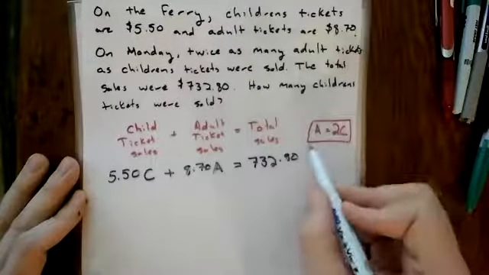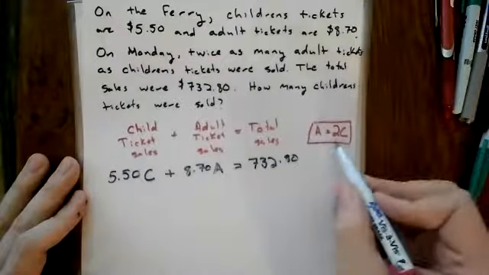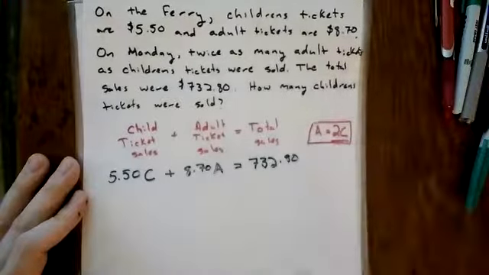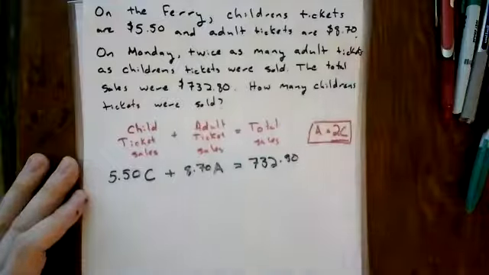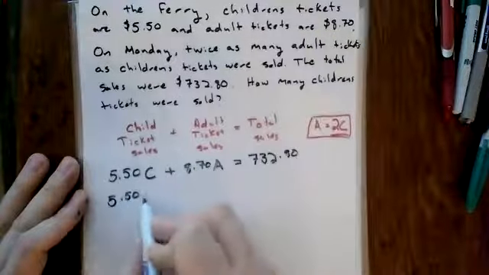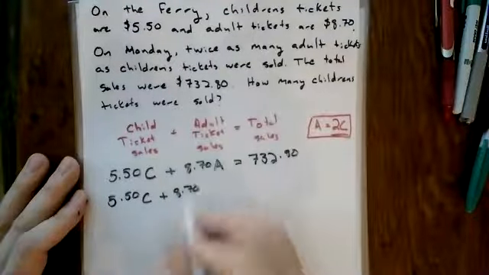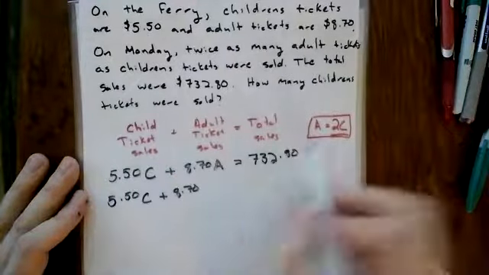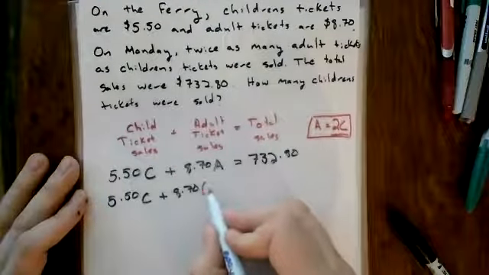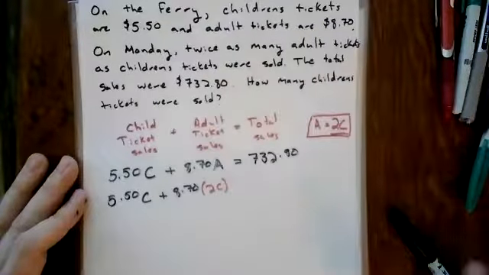I'm going to now substitute for A that expression of 2C. So now I've got 5.50C plus 8.70, but I'm substituting this variable A. I'm going to put in this expression of 2 times C, equal to 732.80, and here we go.